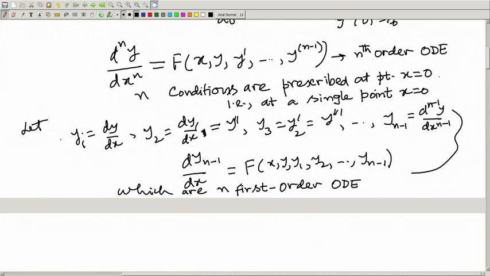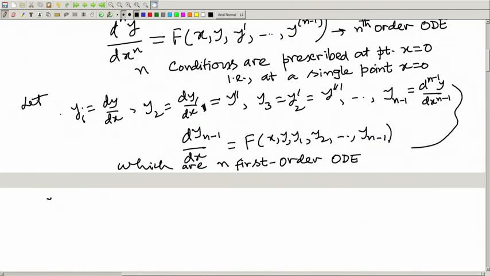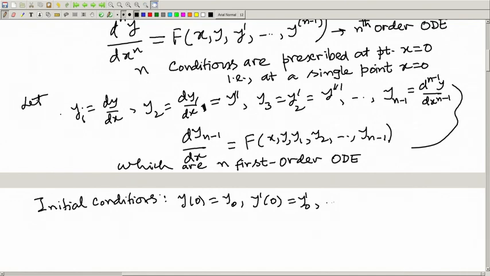The initial conditions which are given are y(0), some value y dash 0, and so on up to y(n minus 1) at 0, that is, the (n minus 1)th derivative.